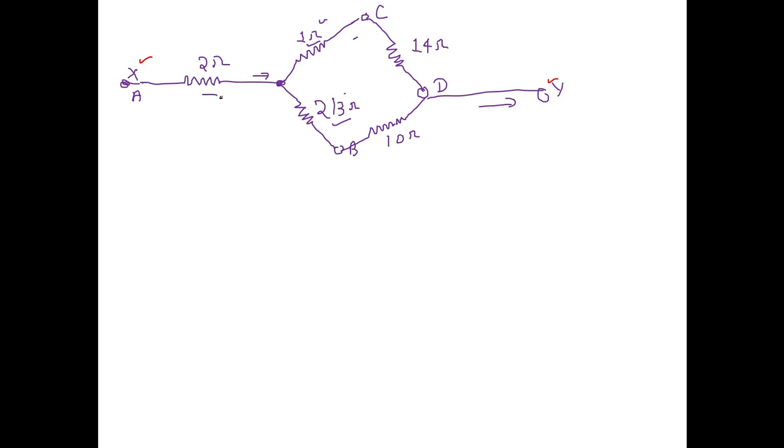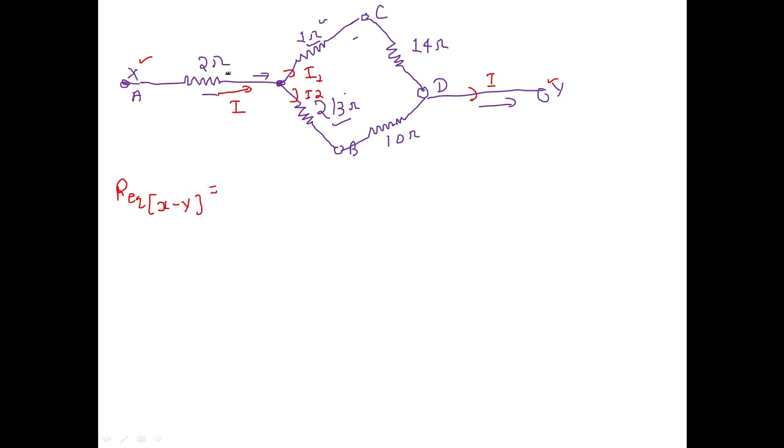Now from here the current starts coming. The current is spread out into two components, this one and this one, let's say I1 and I2, and then they combine to give I. Now we'll apply the same series-parallel concept over here to find the equivalent resistance R across the X and Y terminals.